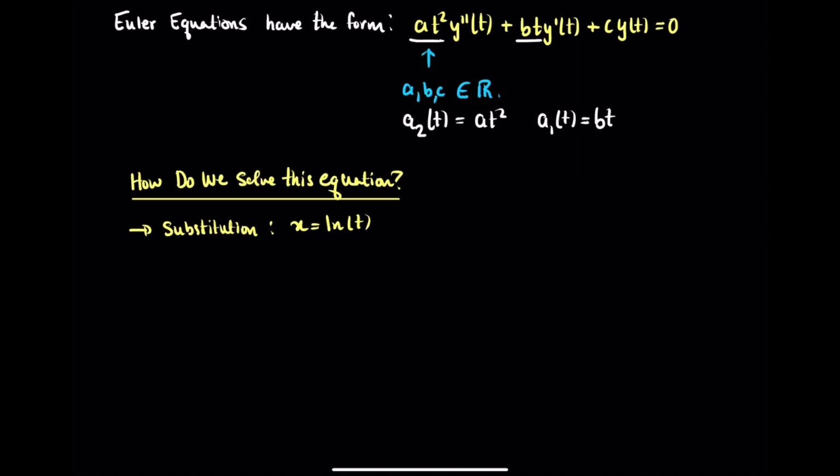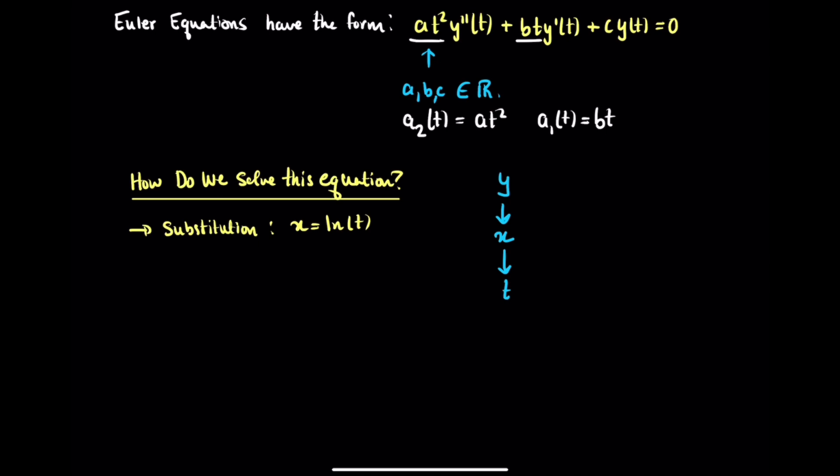So let's go over what's happening in this equation. We know that y is in terms of t, and we also know that x is also in terms of t. So by the chain rule, y is dependent upon x, and then x is dependent upon t.